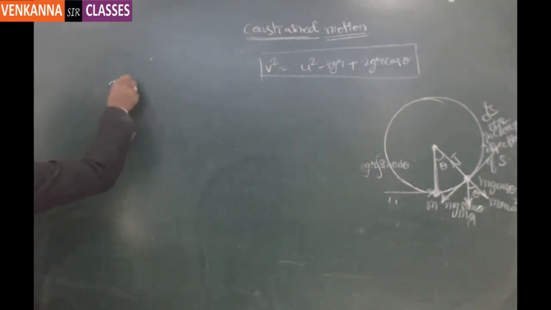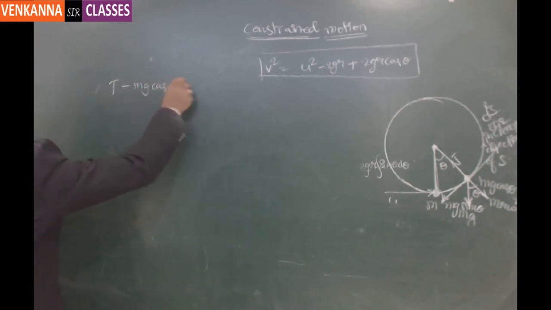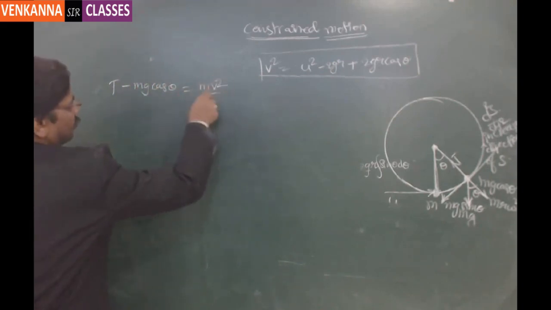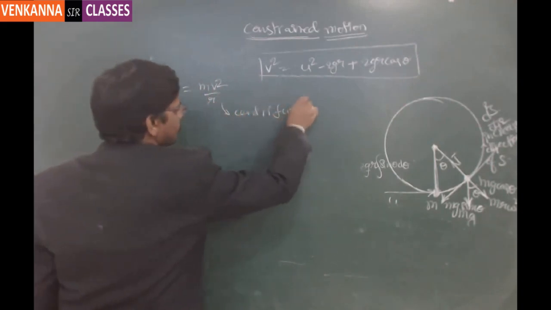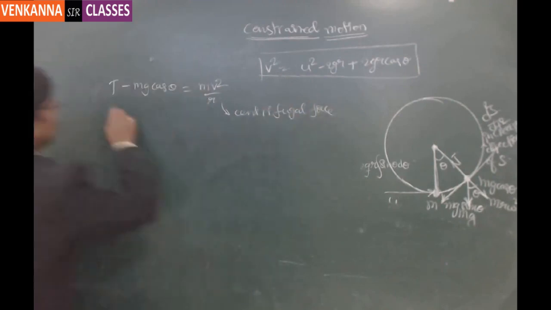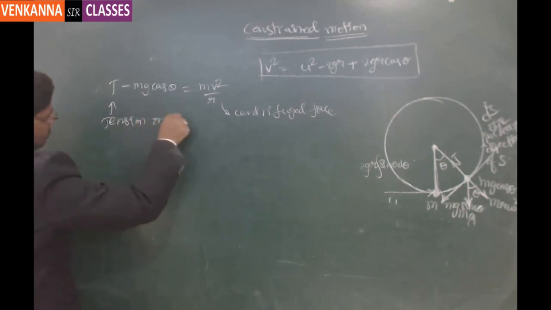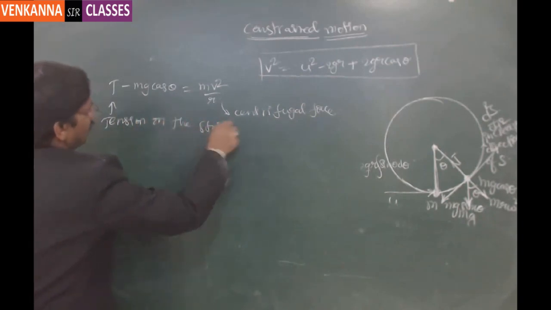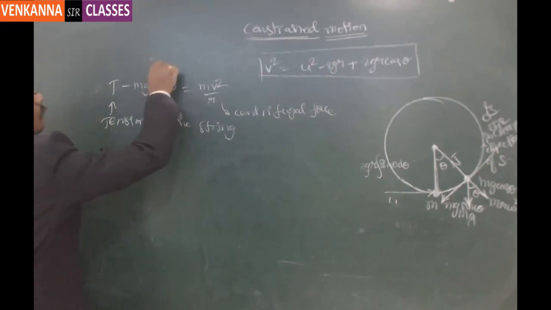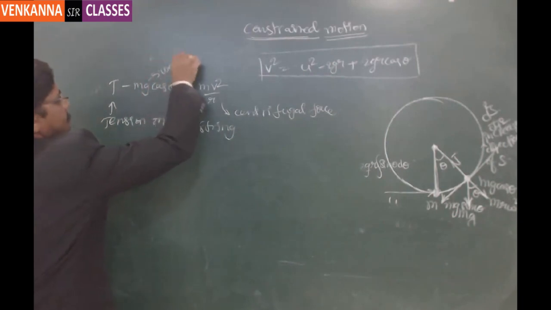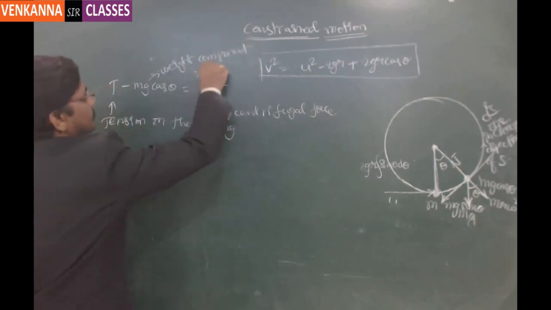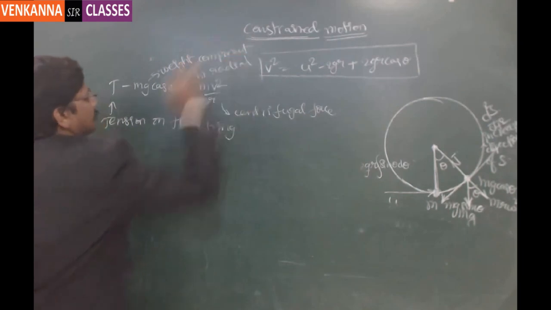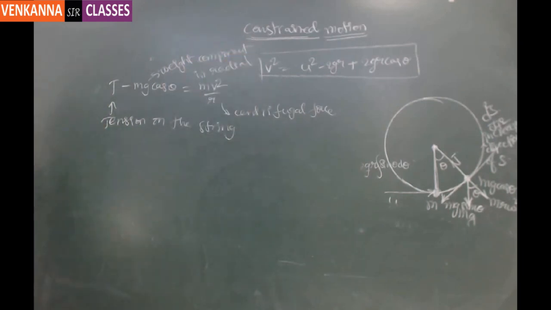That means T minus mg cos theta is equal to mv square by r. This is the centrifugal force, this is the tension in the string, and this is the weight component in the radial direction. So these are the three forces acting in the radial direction.